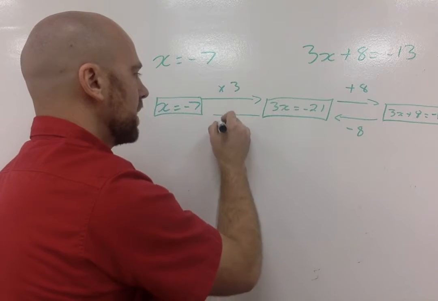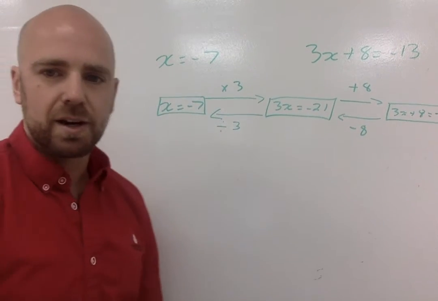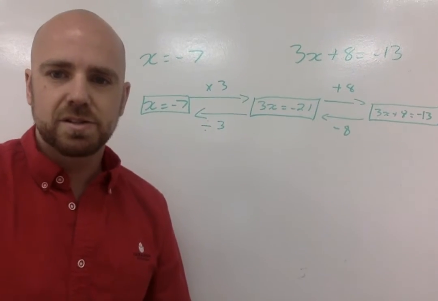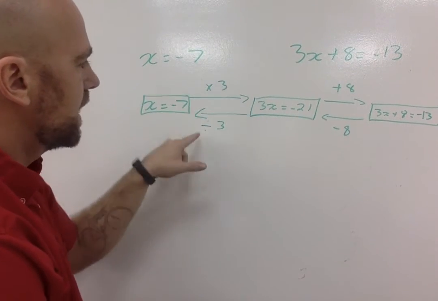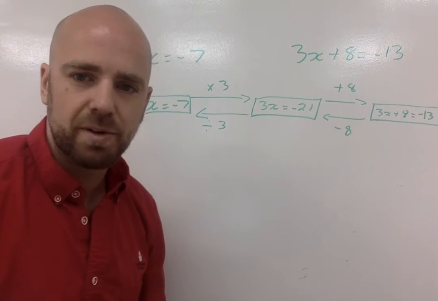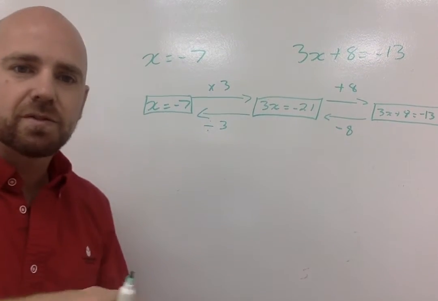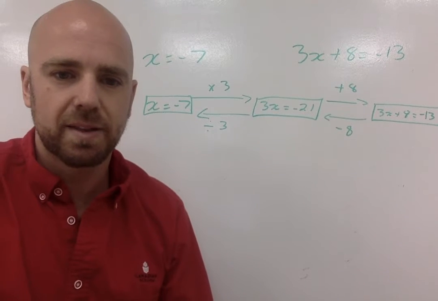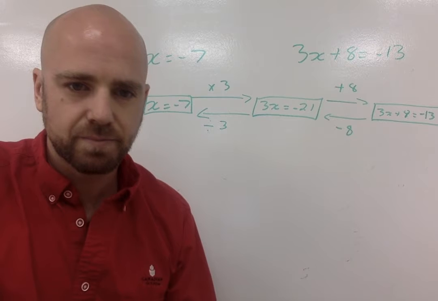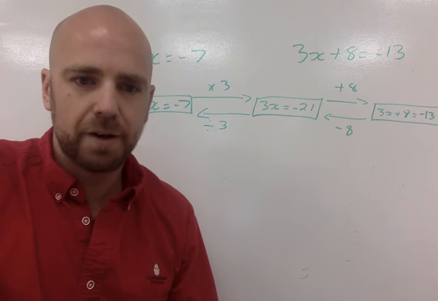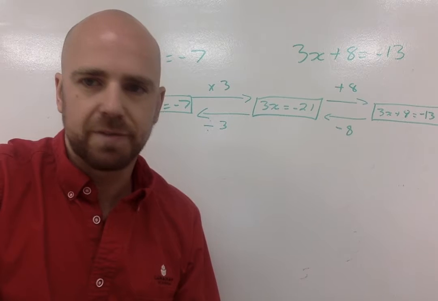And then from here we have to divide by 3. So we can see that it creates this little circle, this pathway. On opposite ends, we are going to have the opposite operation. So from one thing to the next, we are doing the inverse operation, which in this case is the opposite. We can do some more examples of these.